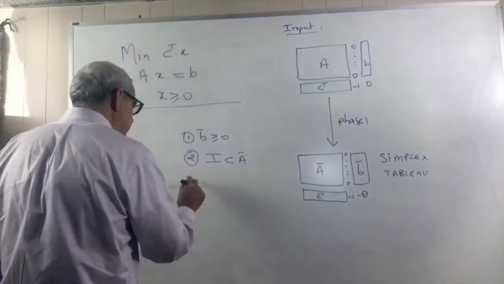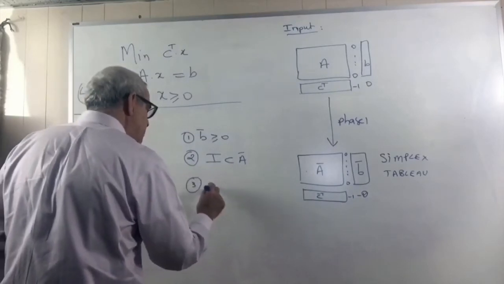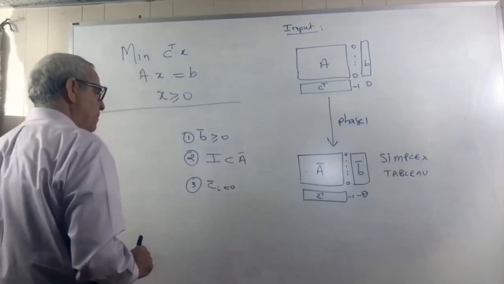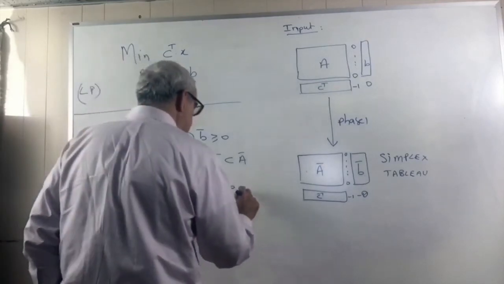And third, C bar of i is equal to 0 for i basic.